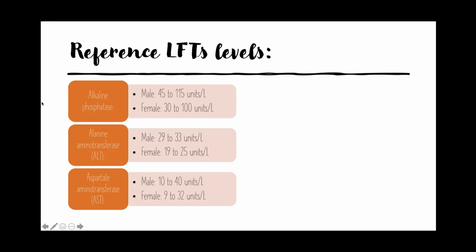The normal reference values are usually different between male and female, and sometimes based on age and body mass index. But for now, we'll take them as usually higher in males than females at all levels.